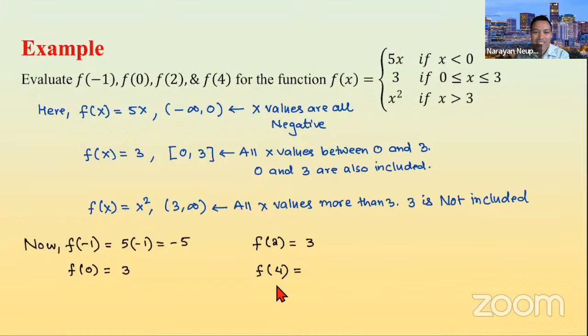The third one, very good. So 4 is in this interval, so we plug into that function, f of x equal to x squared. Our input value is 4, so 4 squared, which is equal to 16. Thank you, Diksha.